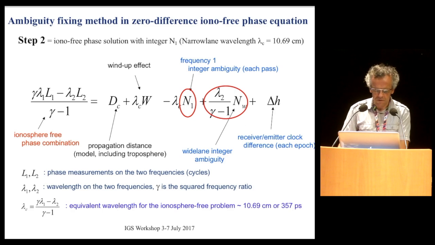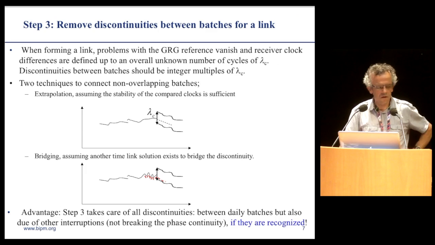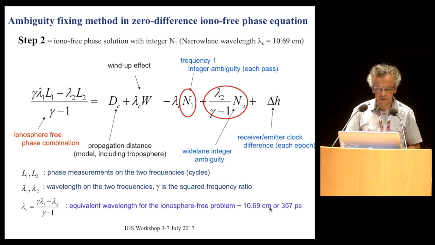degeneracy. You have one ambiguity to determine when you want to go from one day batch to the next day batch. You have an unknown integer ambiguity, which is at the level of 10 centimeters, or, because we are in time, 350 picoseconds.